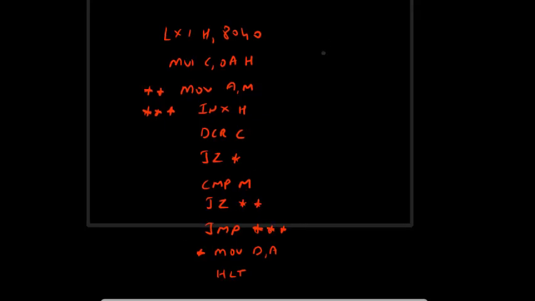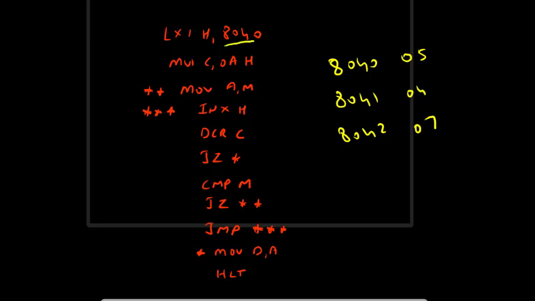Let us see with one example. Suppose we have some data bytes, starting at 8040. I will just take the first three memory locations and it will be understood. Suppose here we have 05, here we have 04, and here we have 07. So with LXI H 8040, our memory pointer will be at this point.